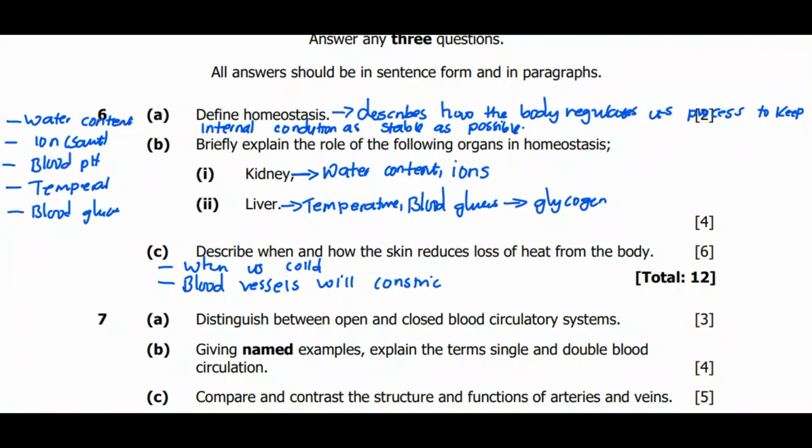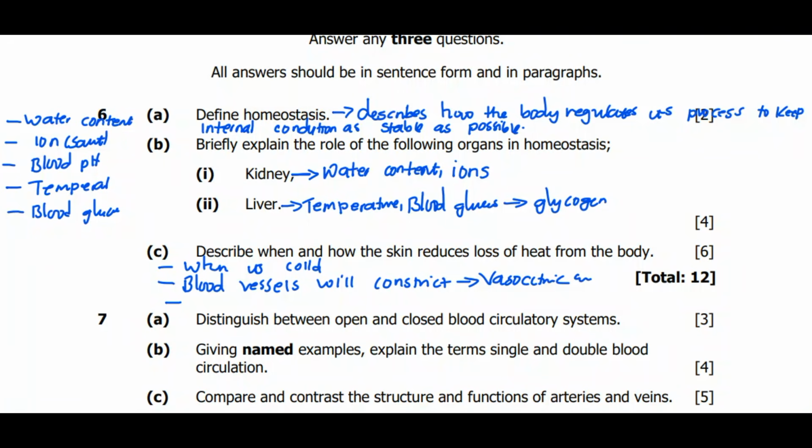To constrict means to become smaller in size. Why are these blood vessels constricting? So that there is a reduction in loss of heat. Then we call this vasoconstriction.